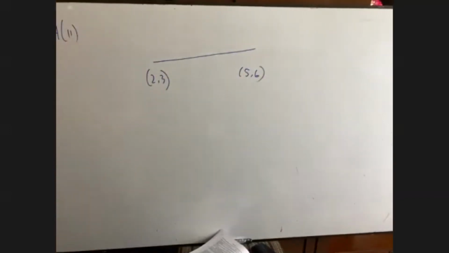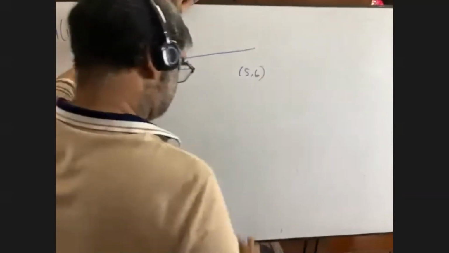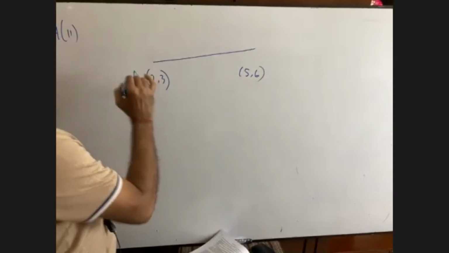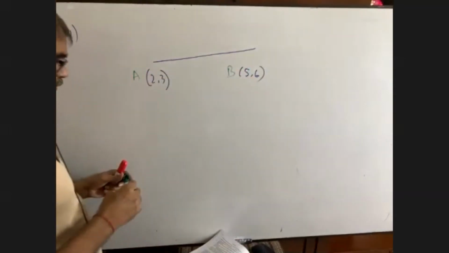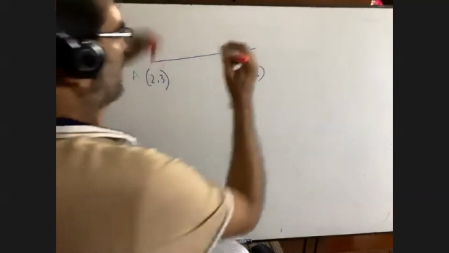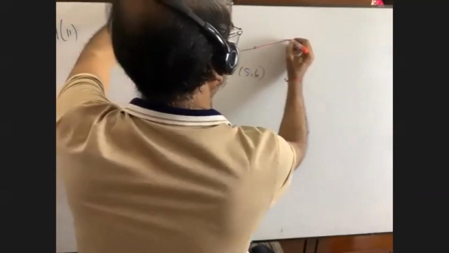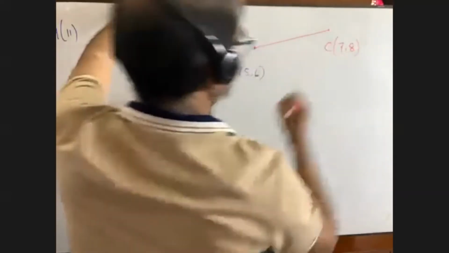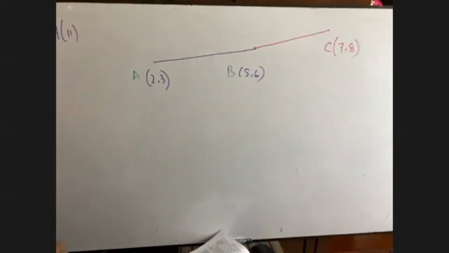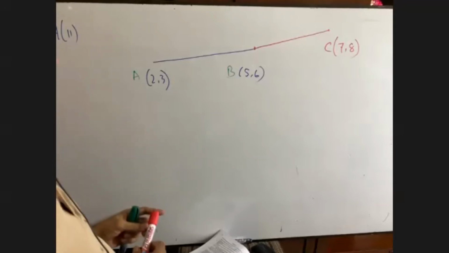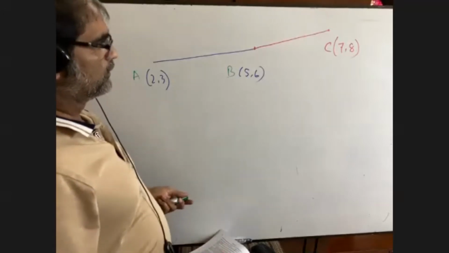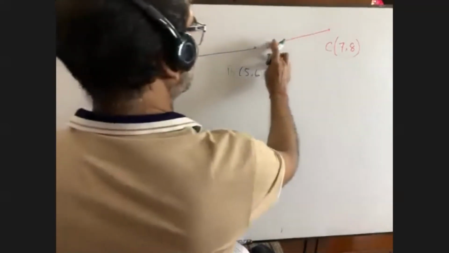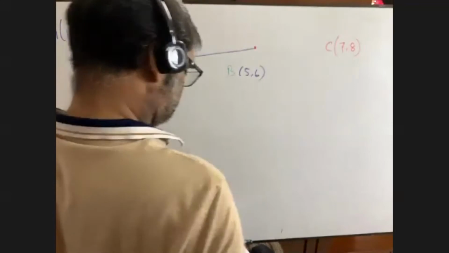It is told that if it is AB, it is A and it is B. If AB is extended here at the point C and its point is 7, 8, now you have to find the ratio. I mean, you have to find AC is to BC. Here ratio means AC is to BC.